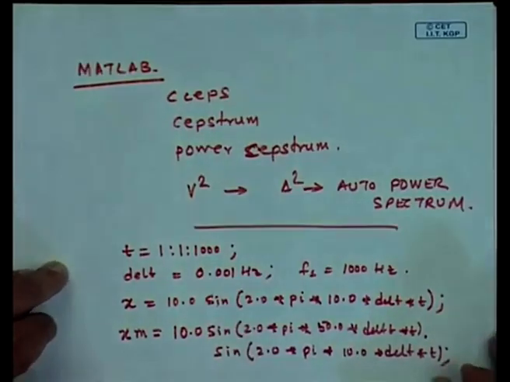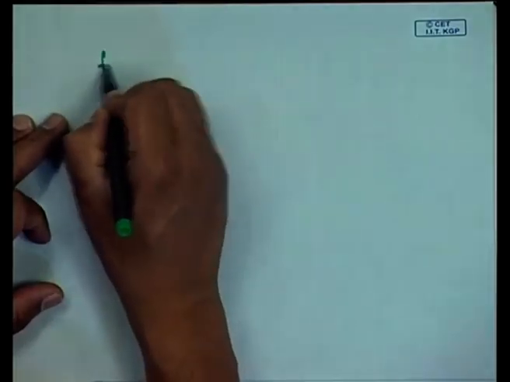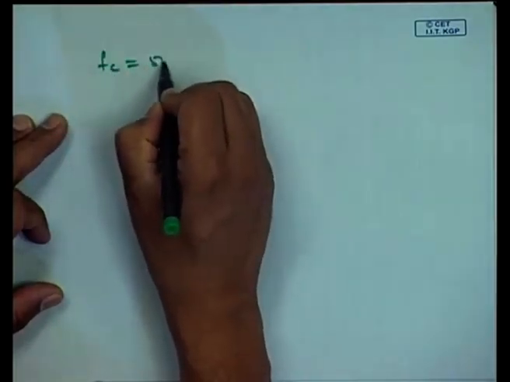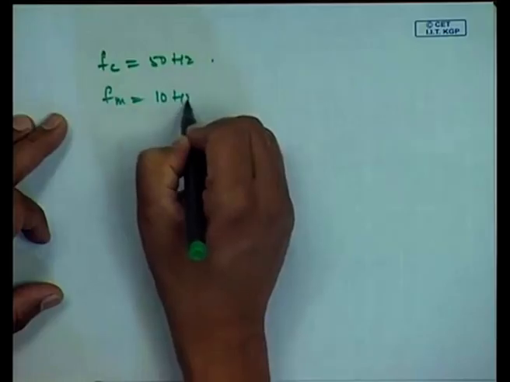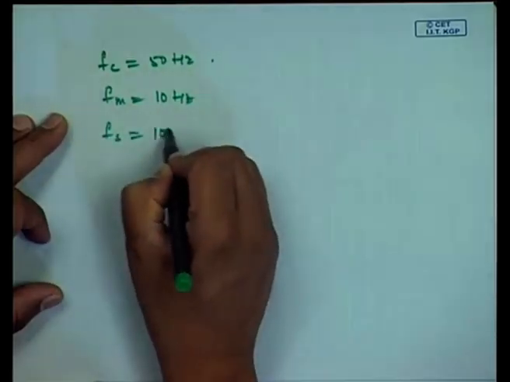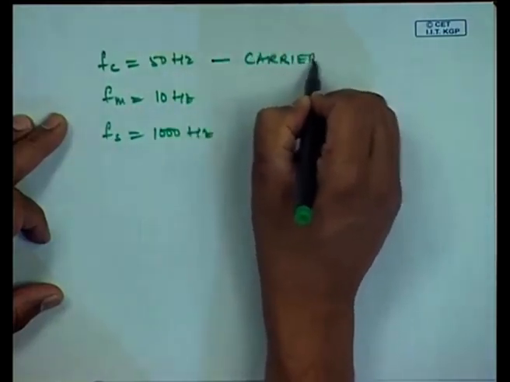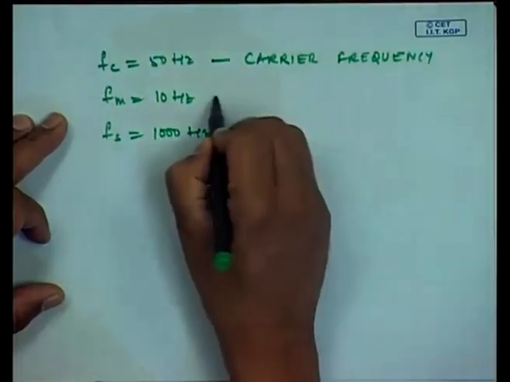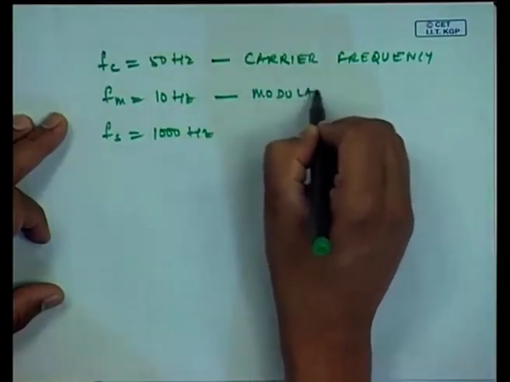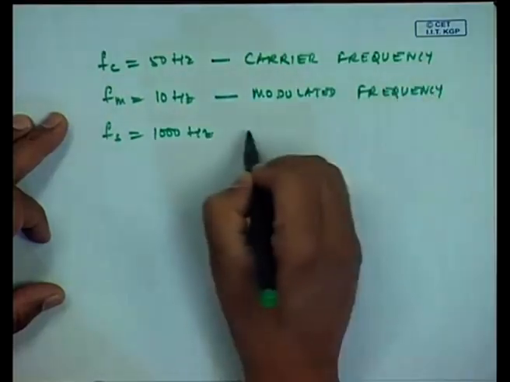So, if you generate such a signal, I have a carrier frequency of 50 hertz, a modulated frequency of 10 hertz, and a sampling frequency of 1000 hertz.